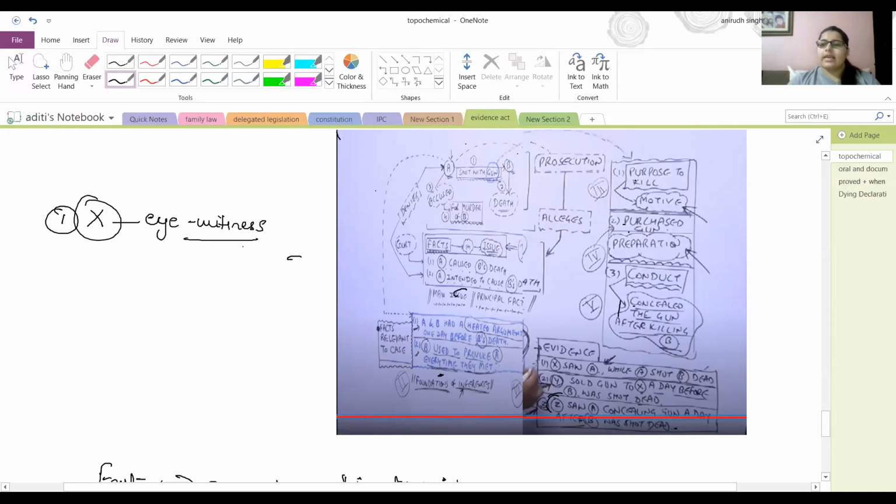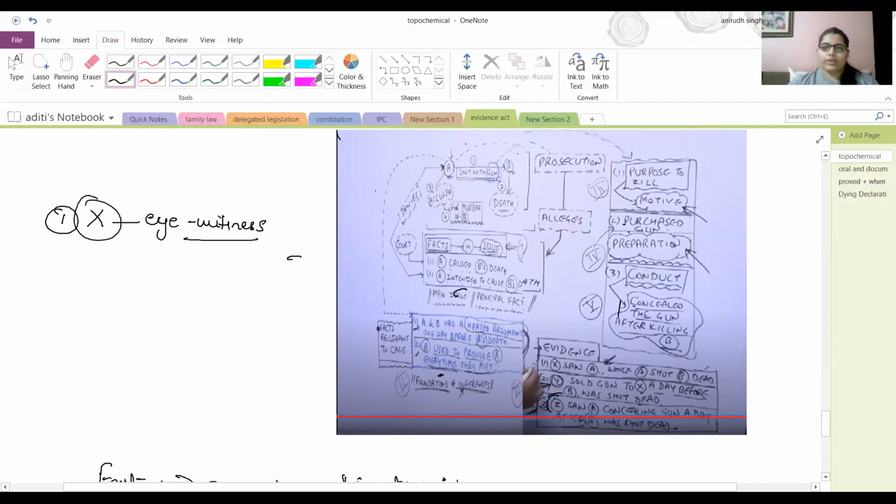He or she, whoever they are, is an eyewitness, and they have witnessed that A has shot B. So this is direct evidence. You are directly getting the fact that X has witnessed that A has killed B. So this is direct evidence.